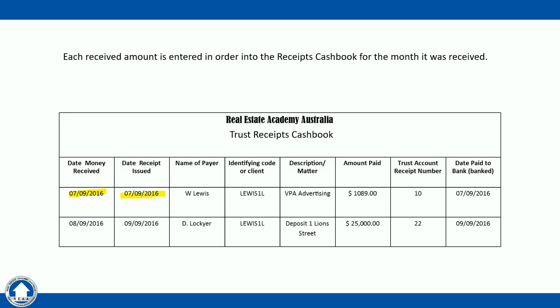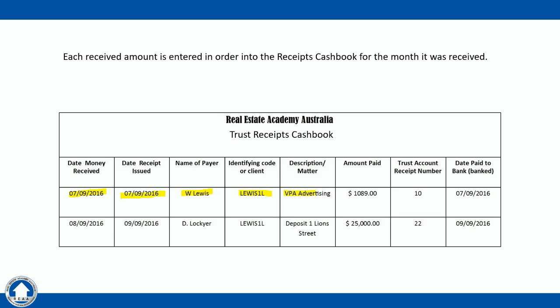We need to put in the name of who paid it. So in our case, we've got W. Lewis, and we're using an identification code of Lewis 1L, and that'll be up to the agency to create these identification codes, which will be used throughout the cash books computer systems for that particular client to identify them. And we're going to put in the description of the matter.